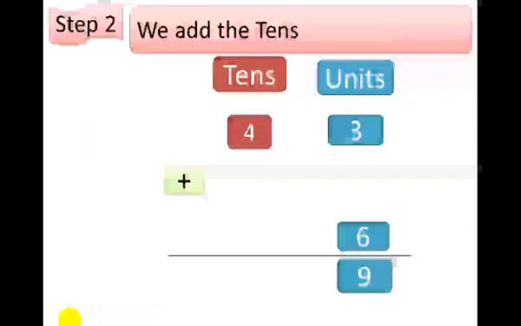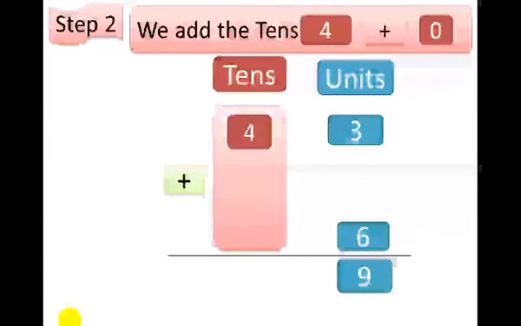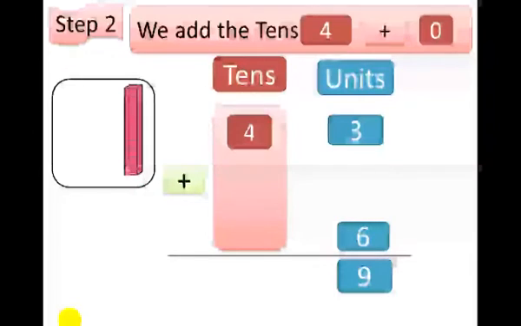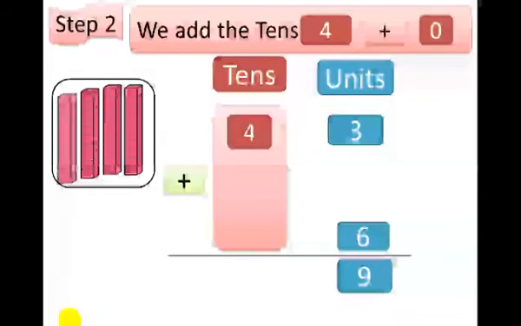Under the tens, we have 4 tens plus, looking under the 4, it is empty. So that means 4 tens plus 0, and 0 means nothing. 1 ten, 2 tens, 3 tens, 4 tens. That means 4 tens plus 0 equals 4.